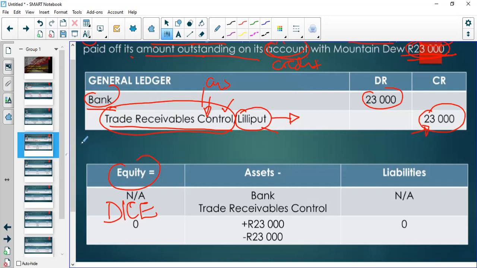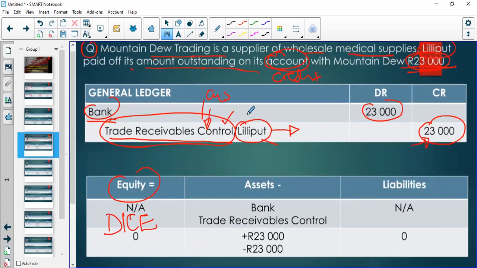So the original transaction, when we do the sale, we're going to say trade receivables control and also the name of the customer, 23,000. Then we record the sales then. So on the original transaction of the sale, there was income that was affected, so equity was affected on that earlier. But now this is the second leg of the transaction where the customer is coming to pay.